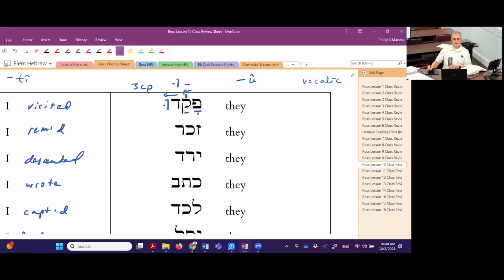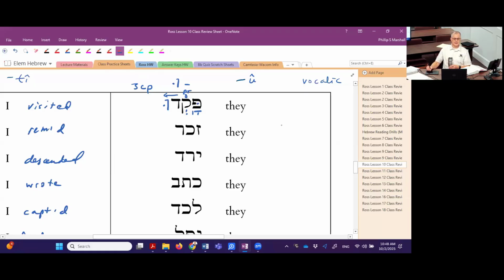Ka is open and pretonic, and what does Hebrew do with verbs that become open and propretonic? They reduce to a vocal shva. And then what might I put next to the qamets? A metheg, to make sure that we pronounce that long A vocal shva combo. Pakadu. What do I put in the pe?